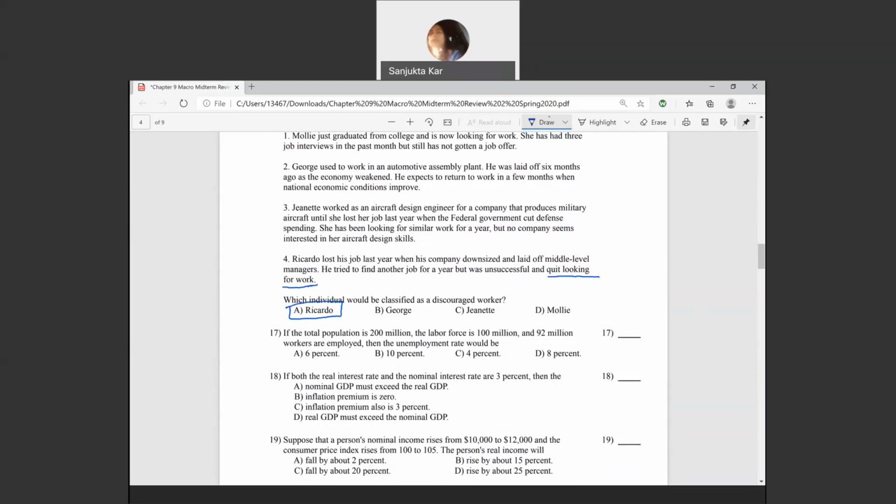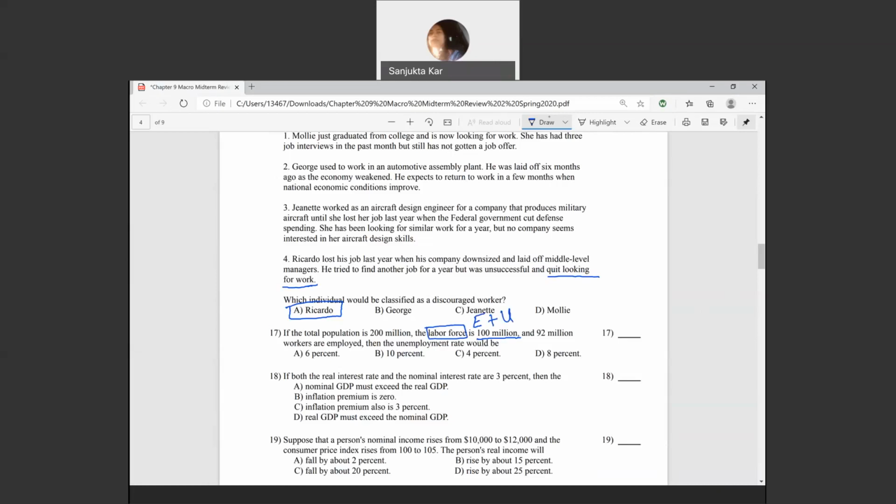Alrighty, question 17. If the total population is 200, that means this is the total population in an economy. The labor force is 100, and 92 people are employed. What is the unemployment rate? Labor force includes people employed and people unemployed.